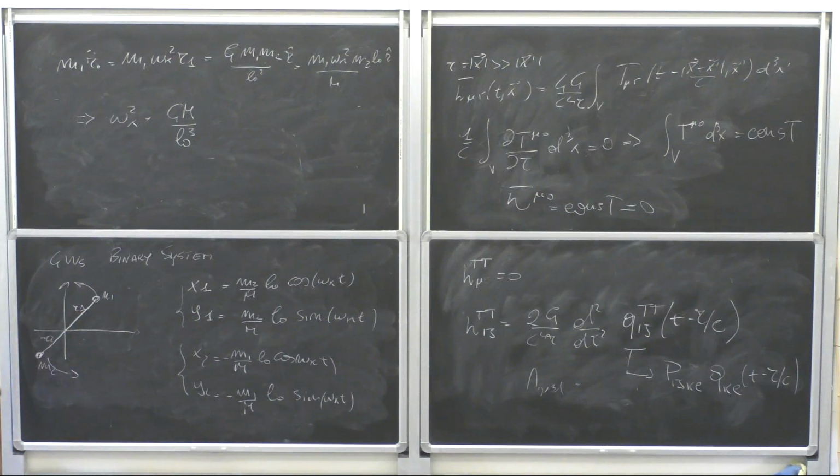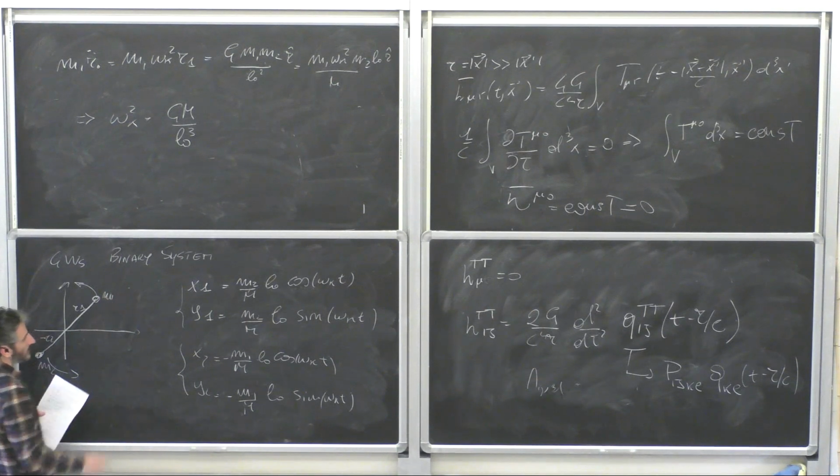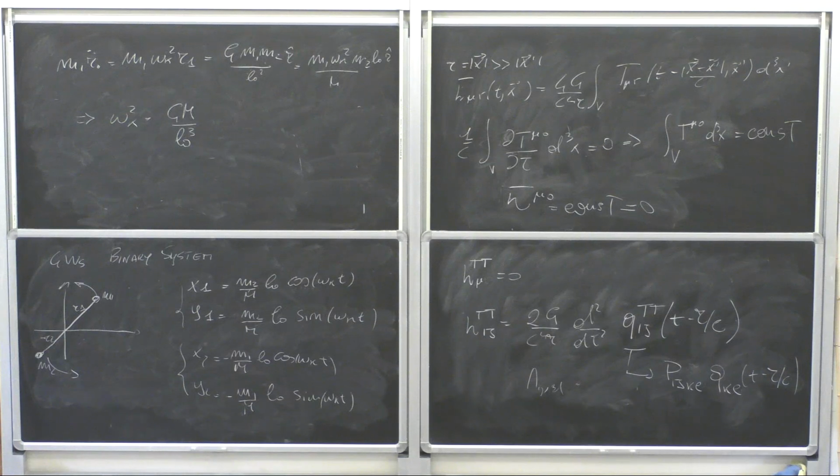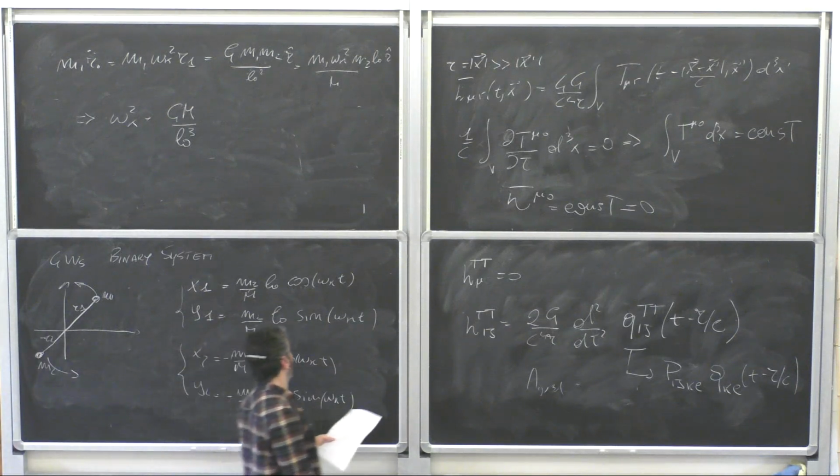Okay? L0 is the relative distance between the two bodies, so the orbital separation between M1 and M2. Okay, these are the projected Cartesian coordinates, the coordinates of the two objects.